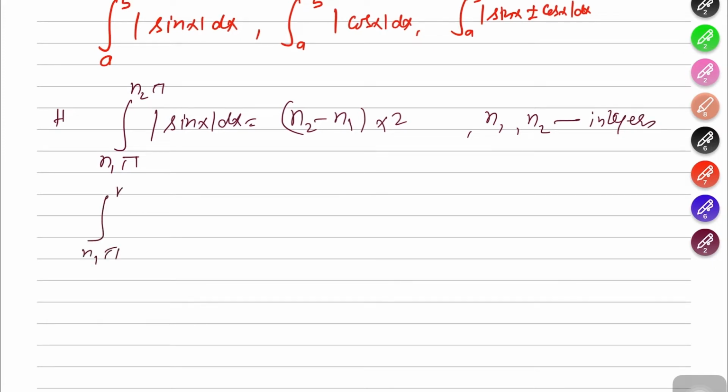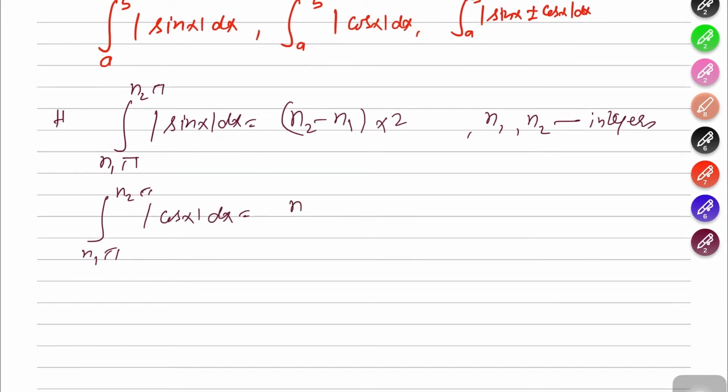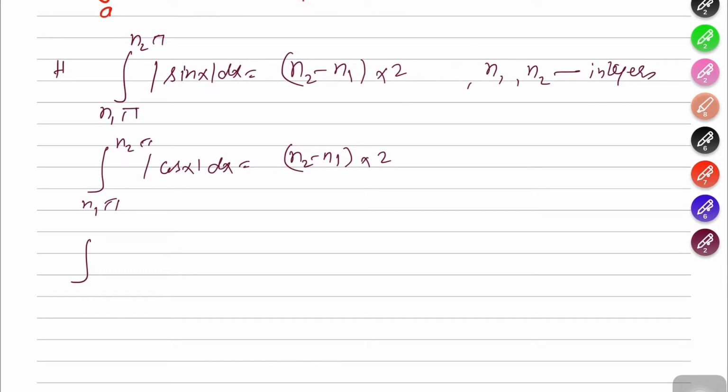Similarly, the integral from n1 pi to n2 pi of mod cos x dx is (n2 minus n1) into 2, the same, so these both are the same. Either you are integrating mod sin x or mod cos x from n1 pi to n2 pi, we have (n2 minus n1) into 2.